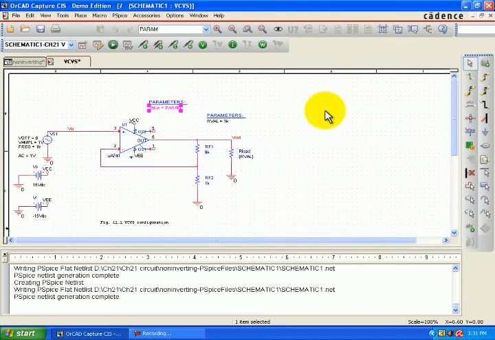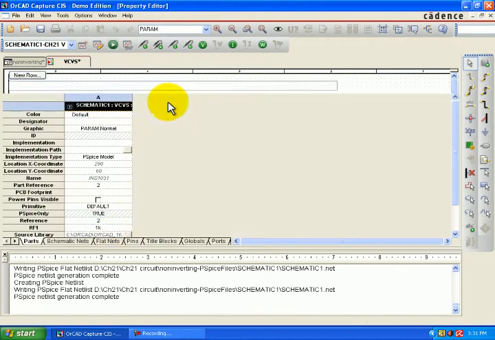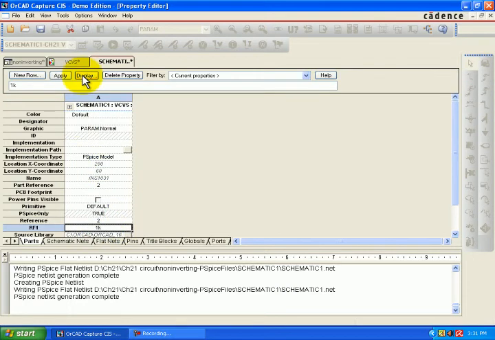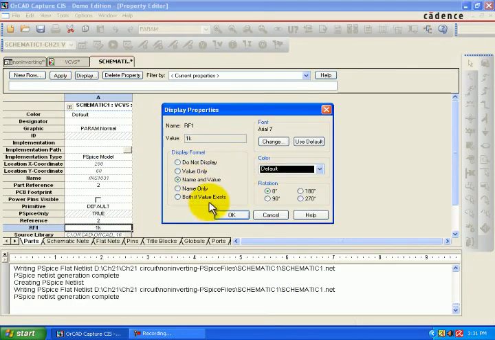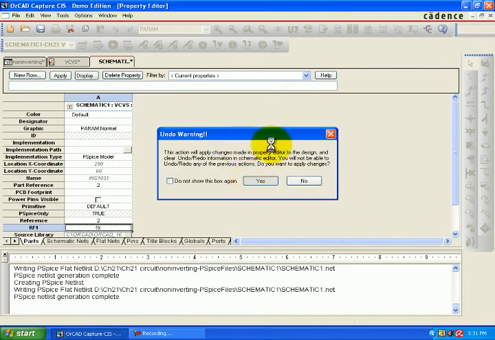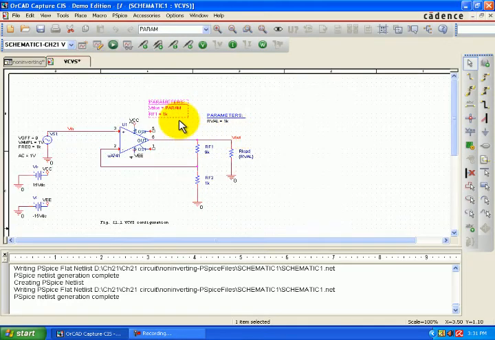So we have RF1 equal to 9K. RF1 has a value of 1K.